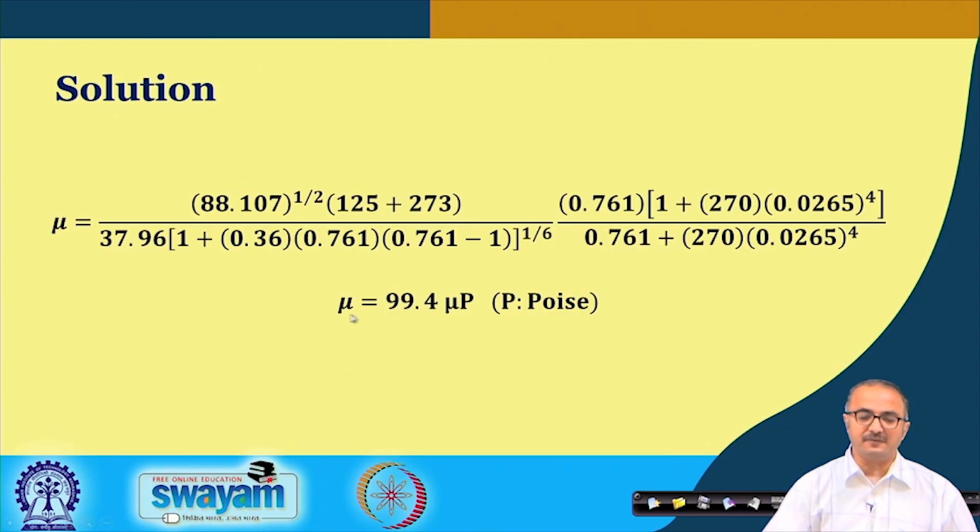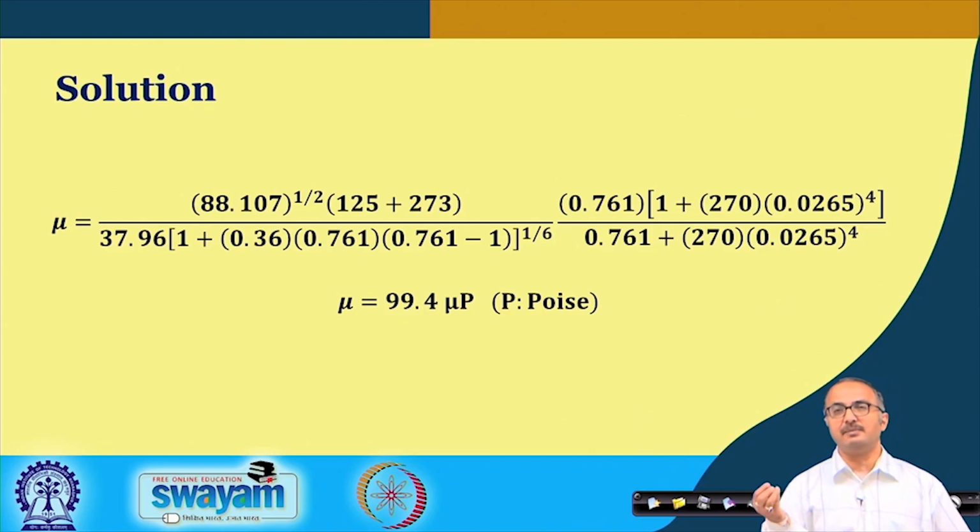Here we find that the viscosity of the gas is this much micropoise. Micropoise is a very small value, and one poise in terms of mass, time and length dimensions is basically gram per centimeter per second.